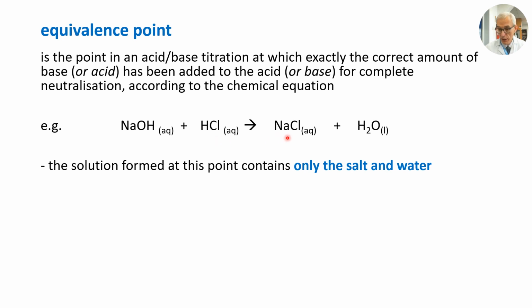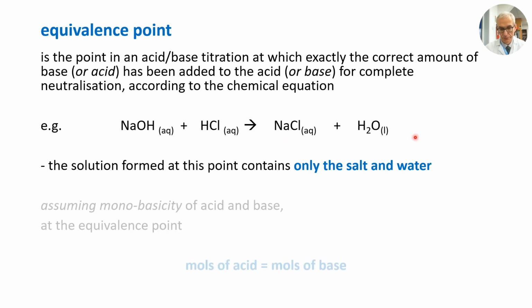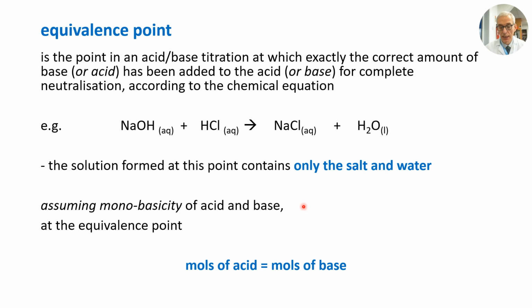Therefore, the only thing present is the salt and water. Now, assuming monobasicity of acid and base, and this is the case for OCR Chemistry A, at the equivalence point it is true to say that the moles of acid equal the moles of base.